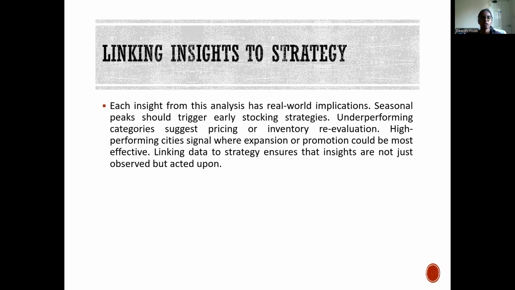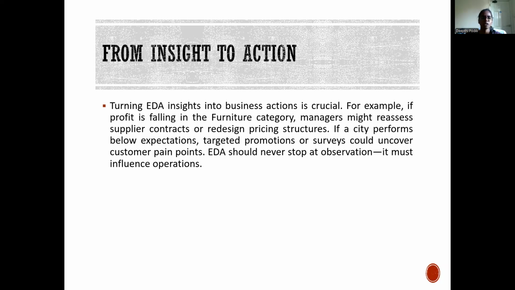And coming to the next slide, turning EDA insights into business actions is crucial. For example, if profit is falling in the furniture category, managers might reassess the supplier contracts or redesign the price structures. If a city performs below expectations, targeted promotions or surveys could uncover customer pain points also.